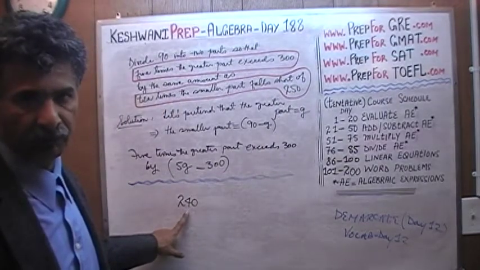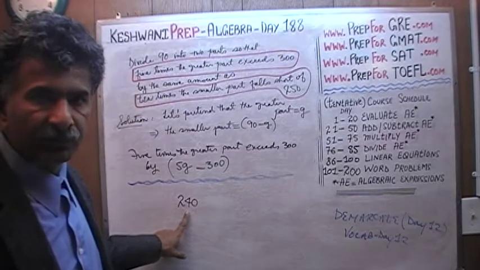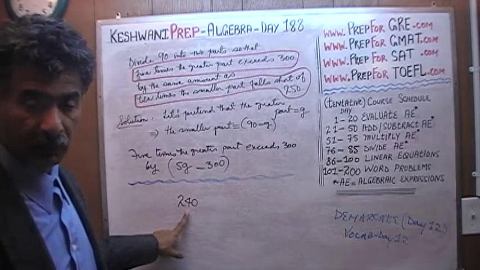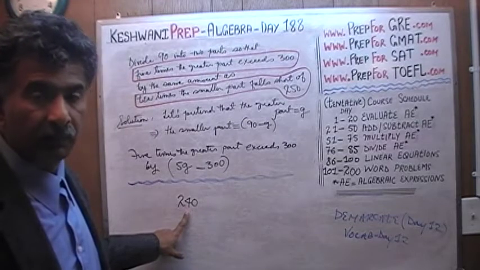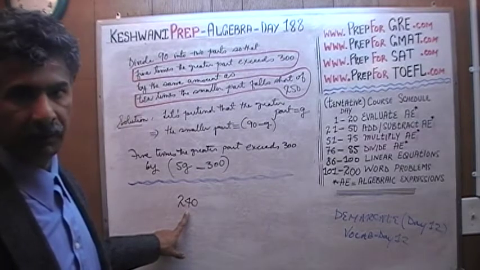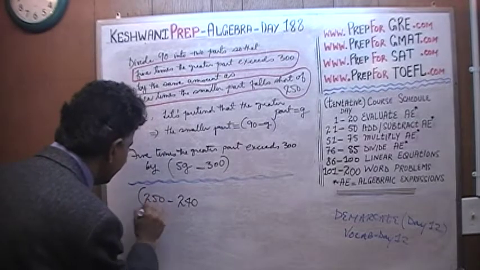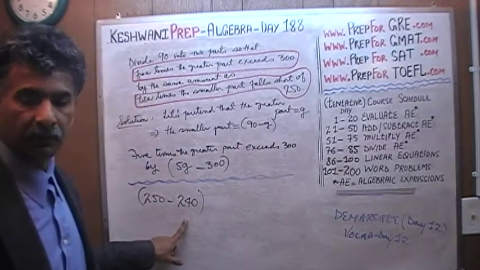Another way of asking the same question would have been, 240 is how much less than 250? Well, 240 is 10 less than 250. 240 falls short of 250 by 10. How did we find it? By taking the 250 and subtracting 240 from it.